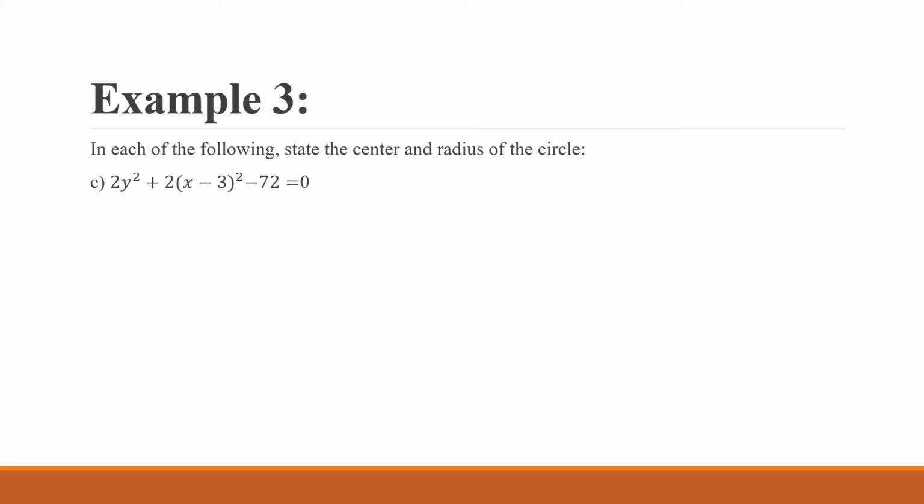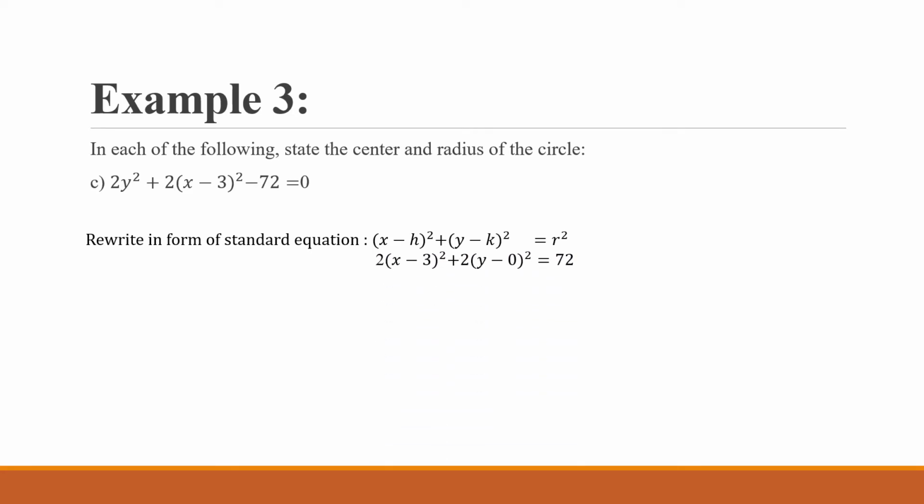Next example, 2y² + 2(x - 3)² - 72 = 0. Rewrite in the form of the standard equation. By rearranging the equation, we will have 2(x - 3)² + 2(y - 0)² = 72.